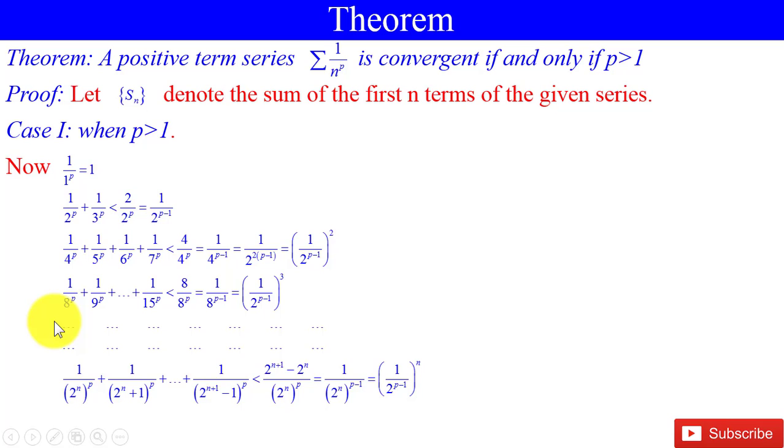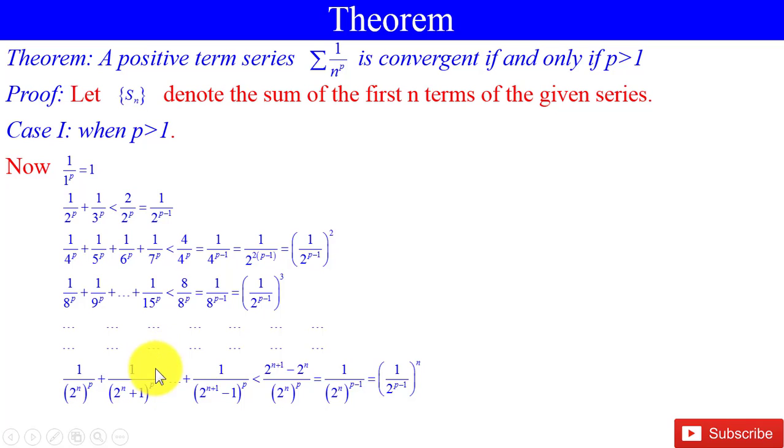Similarly, 1 by 8 raised to the power p plus 1 by 9 raised to the power p up to 1 by 15 raised to the power p is less than 8 by 8 raised to the power p, which is equal to 1 by 8 raised to the power p minus 1, which is equal to (1 by 2 raised to the power p minus 1) whole cube.